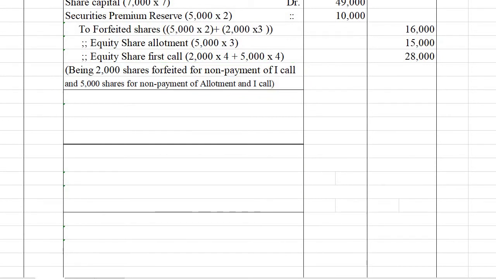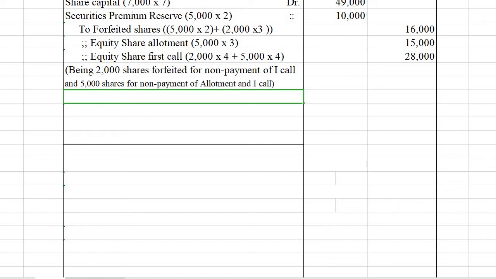Now let us see the next one. So forfeiture after the first call is over. Now we are going to write the journal entry for the next call. For the next call we had already 1 lakh shares. Out of that, 7,000 are forfeited. So how many shares are there now to get the money? Yes, 93,000 shares. So we have to write the due entry and receipt entry for the next call after deducting the forfeited shares.